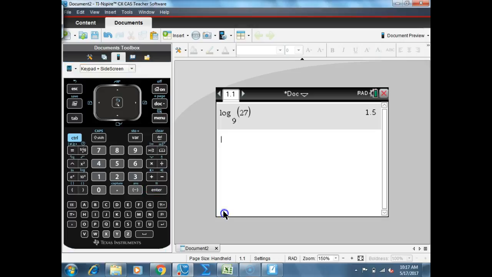Or I can go with log of 27 divided by log of 9.